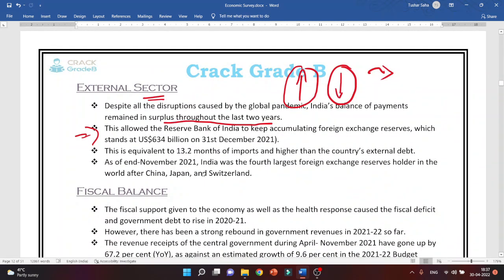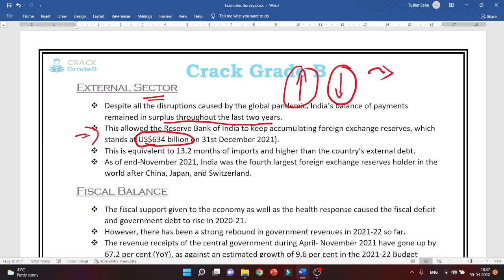Now, as of 31st December 21, India's foreign currency reserve was at USD 634 billion. Look, you will have to remember this data as well because this is given in the economic survey. And what is latest, you will have to remember that as well. And let me tell you, the latest is much less than 634 billion because of high crude oil at present, the RBI is paying more dollars for the same crude oil.